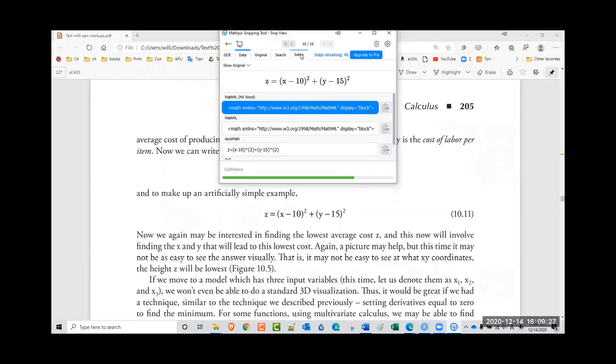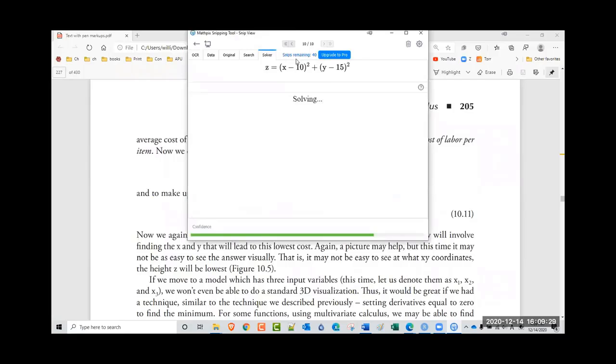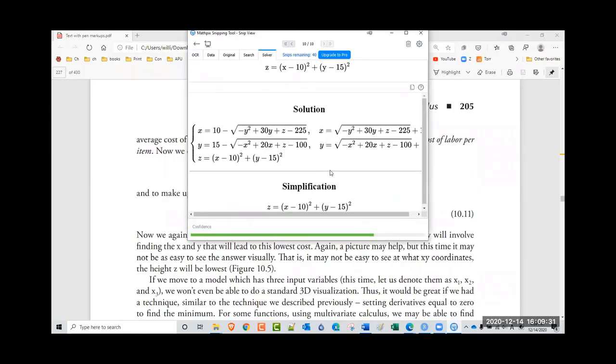Let's try solver, see what happens. So it's trying to solve this equation. So it gives you solutions to it. It's kind of fun, right? You can also do this kind of thing, I think, in Microsoft OneNote. But anyway, you get solutions for it.